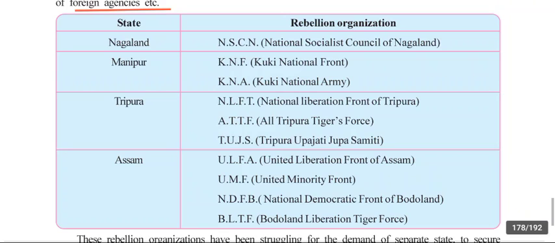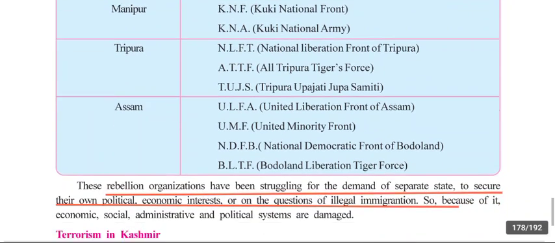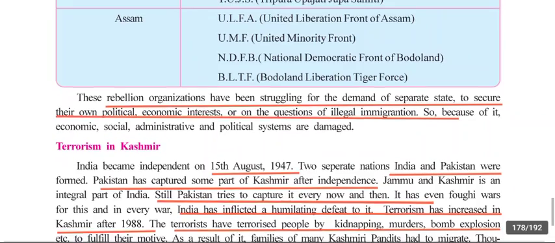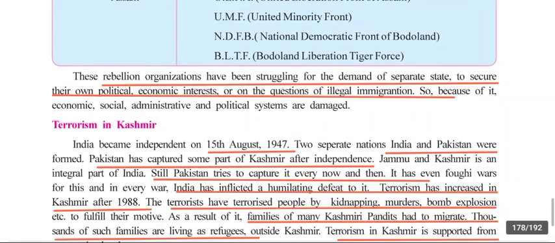In Assam, United Liberation Front of Assam, United Minority Front, National Democratic Front of Bodoland, and Bodoland Liberation Tiger Force. Now, this Bodoland is the name of a separate nation which they want to create, free and independent from India itself.